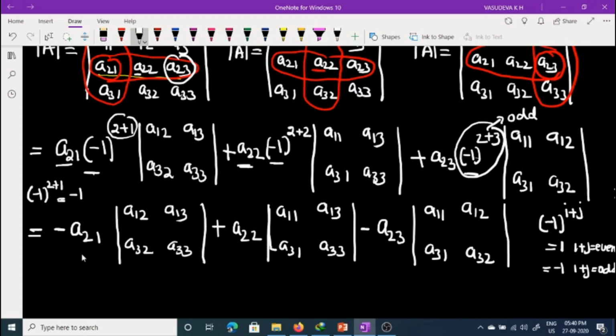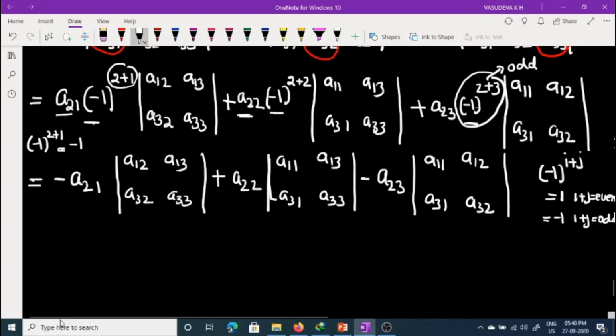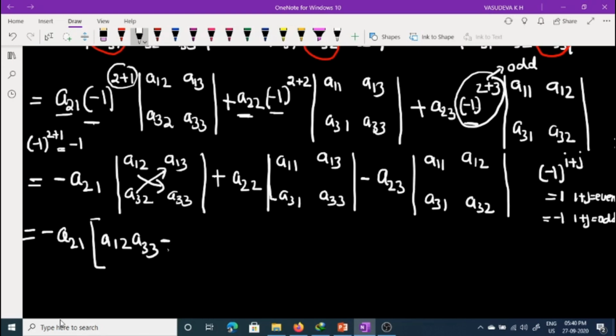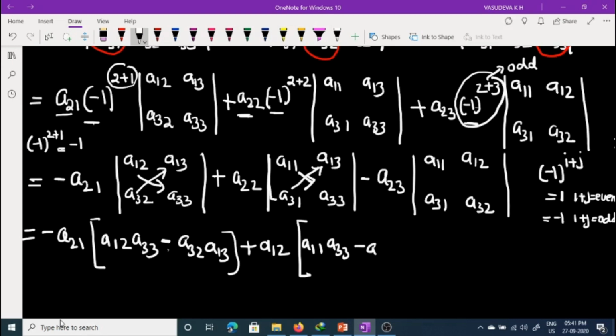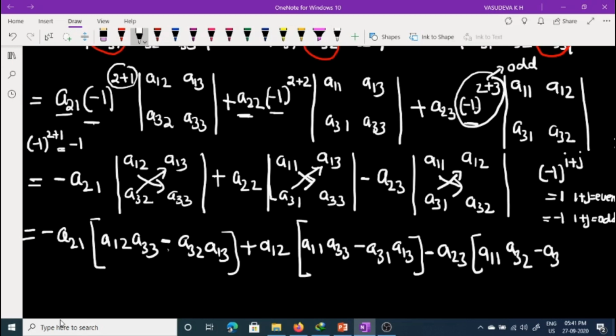Keep that in mind. Now, directly expanding the second-order determinants, it is minus a21 into determinant of a12 into a33 and next a32 minus a32 into a13, plus a12 into, now expanding this determinant, a11 into a33 minus a31 into a13, minus a23 into, expanding the third determinant, a11 into a32 minus a31 into a12.